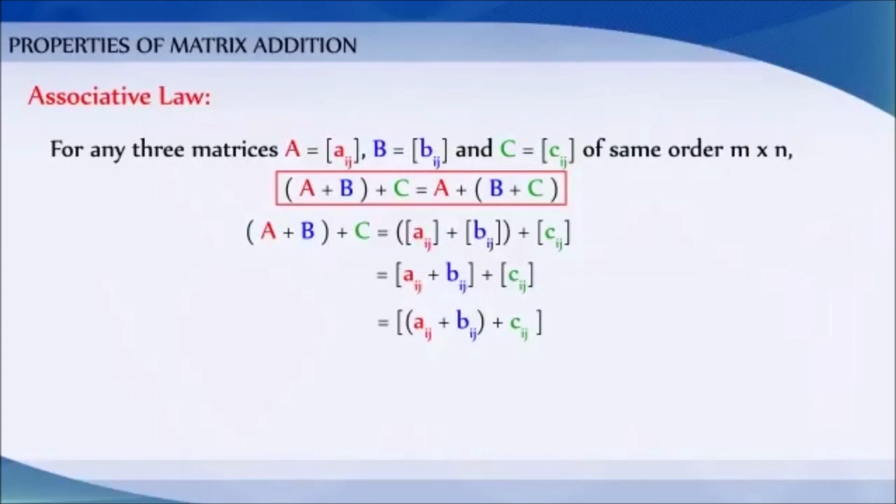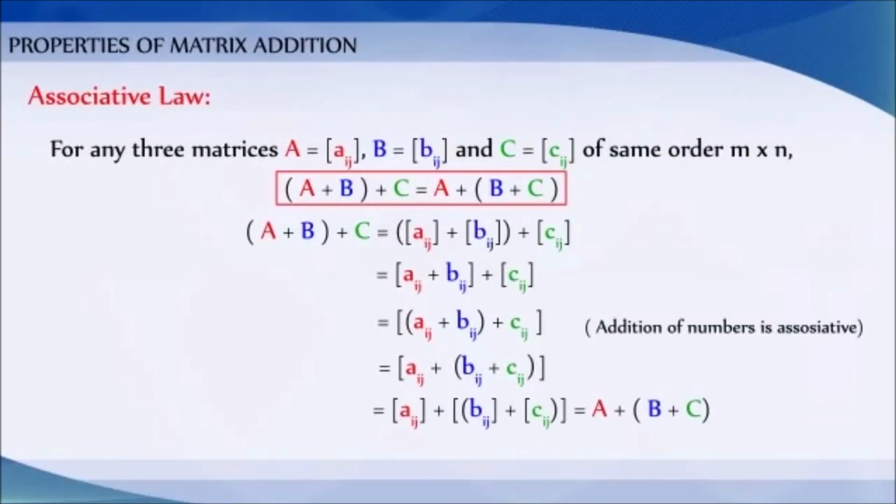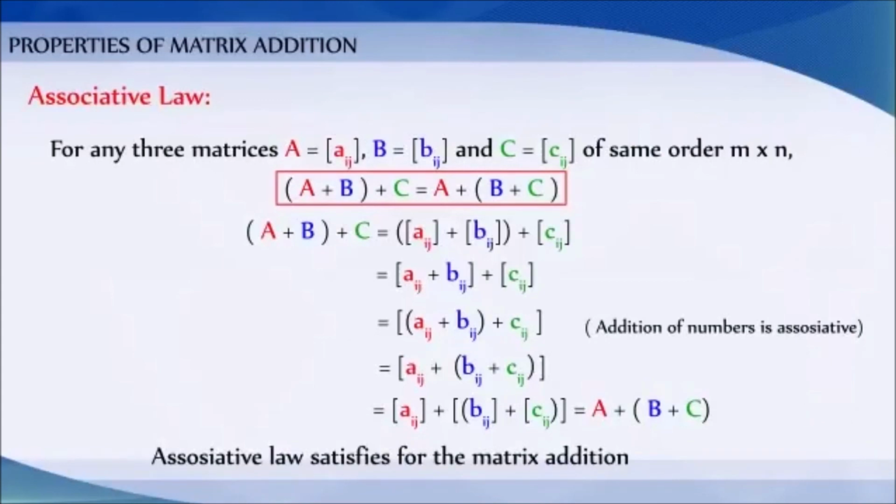Since the addition of numbers is associative, this can be written as matrix Aij plus Bij plus Cij. Now, this is equal to matrix Aij plus matrix Bij plus Cij, which is the same as matrix Aij plus matrix Bij plus matrix Cij, which is equal to A plus B plus C. Therefore, the associative law is satisfied for matrix addition.